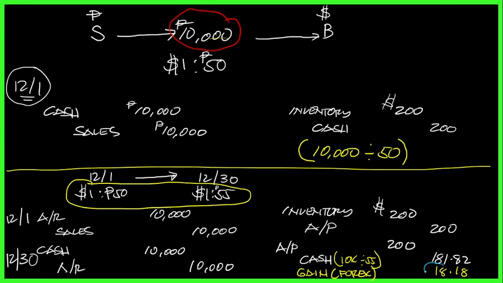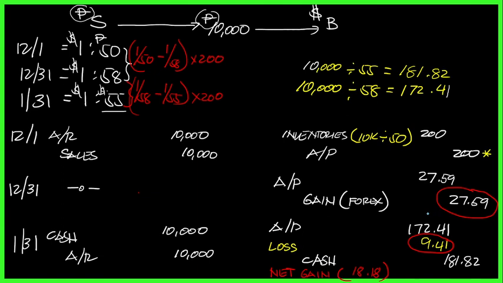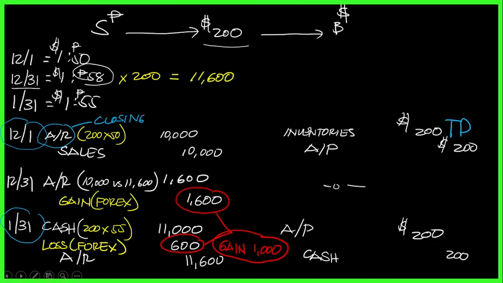In this case, you have a gain of 18.18. But if there is a balance sheet date in between, your 18.18 will be divided and reported in two years. For year 1, you have 27.59, which is a gain. And for year 2, you will have a loss of 9.41. Add them and you will have 18.18. So, I guess that's it. Thank you very much for listening.